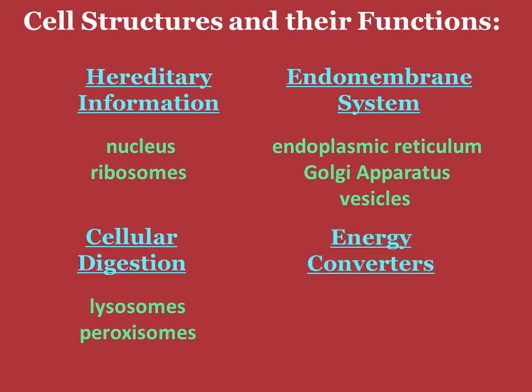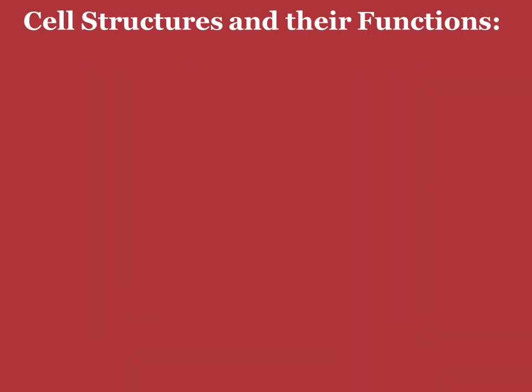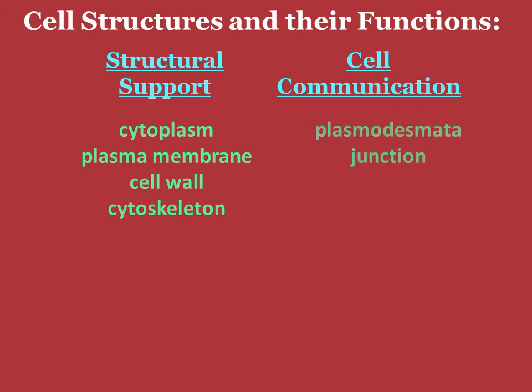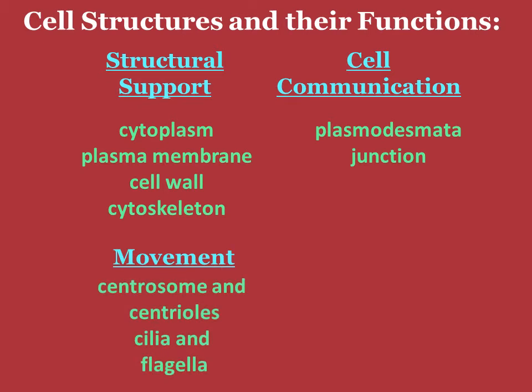Energy converters with chloroplast and mitochondria. Structural support with the cytoplasm, plasma membrane, cell wall, and cytoskeleton filaments. Cell communication with plasmodesmata and junctions. Movement, centrosome and centrioles, and cilia and flagella. And finally, for storage, vacuoles.